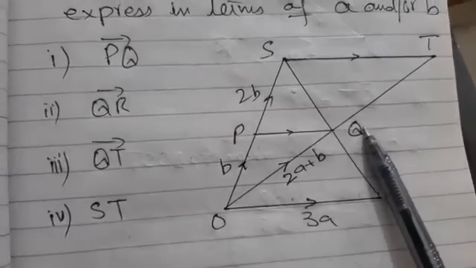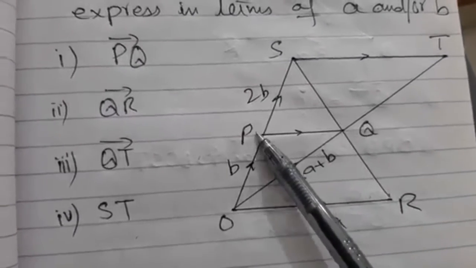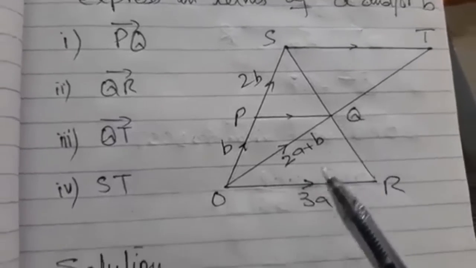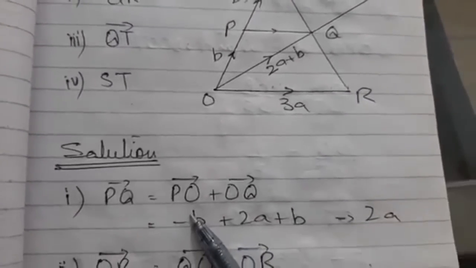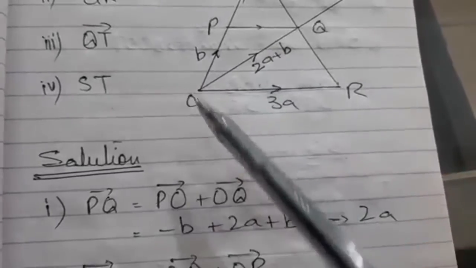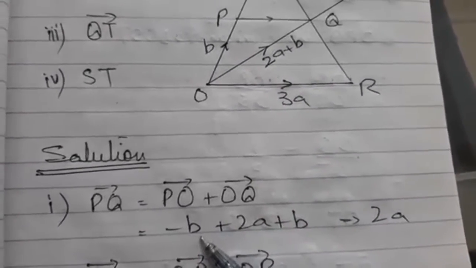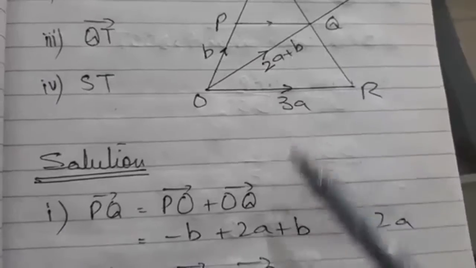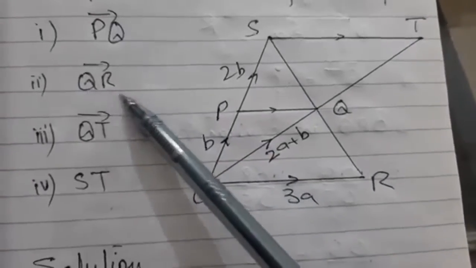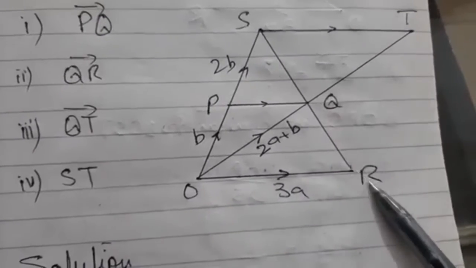So vector PQ is equal to PO plus OQ, right? So to find out PQ, I'm simply doing PO plus OQ. Because it is in the opposite direction, I'm writing minus B. And OQ is 2A plus B, so I got 2A. Then question is saying find out QR, this vector.